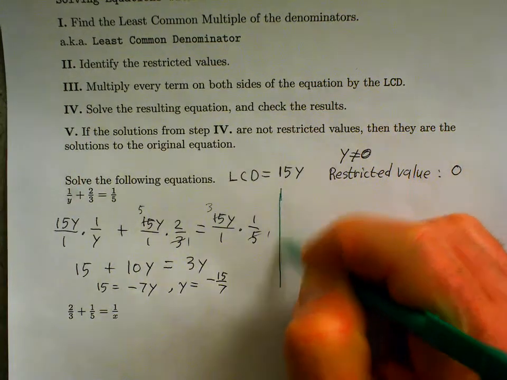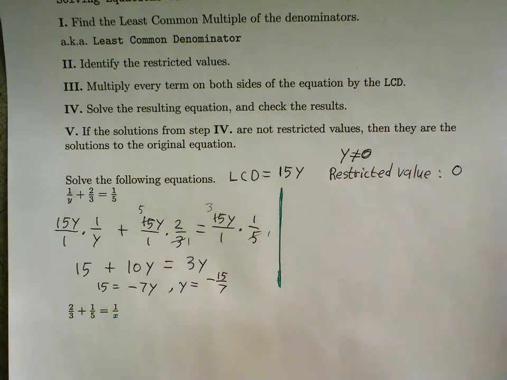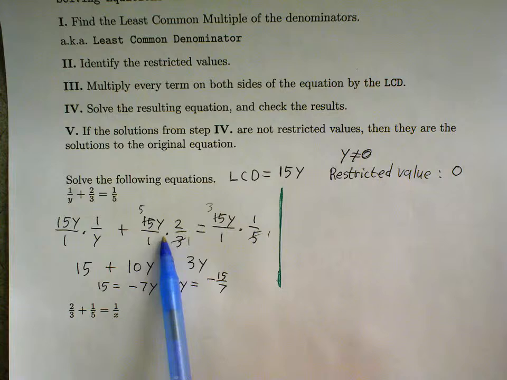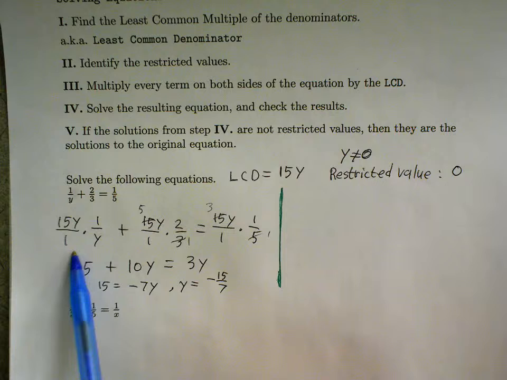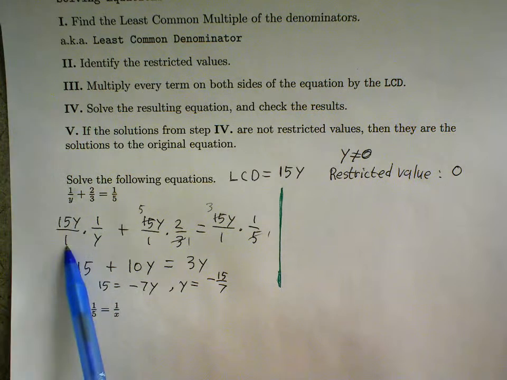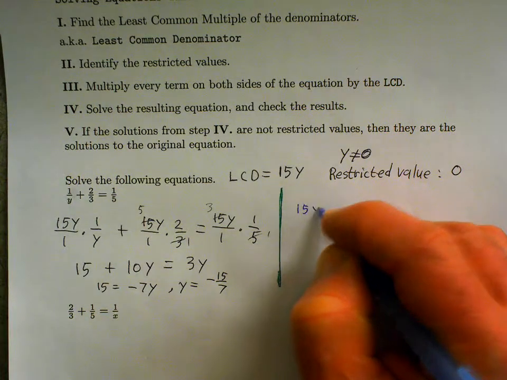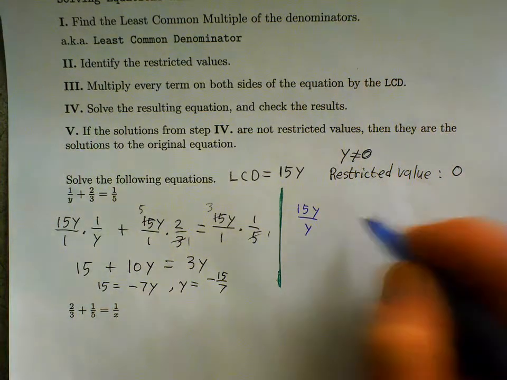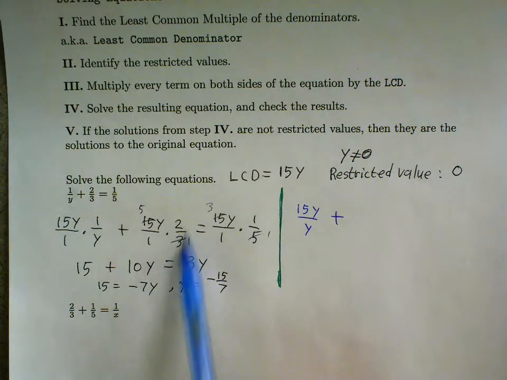To the right of this green line segment, I'll multiply these out a little bit further if clarification is needed. 15y over 1 times 1 over y is 15y over y. In the next product, 15y over 1 times 2 over 3.